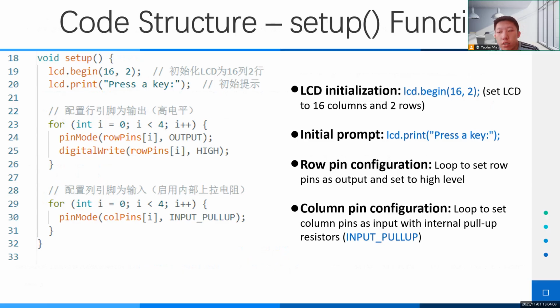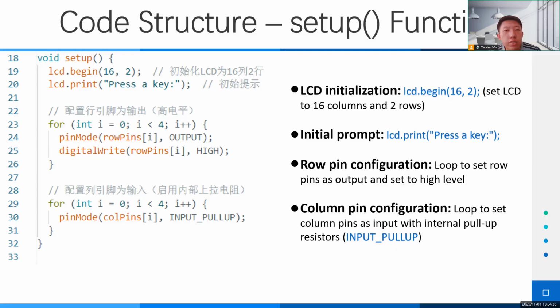The LCD 1602 has 16 characters per row and 2 rows, so this line sets it up correctly. Then we print an initial message on the LCD with lcd.print. This message tells the user to press a key on the keyboard.